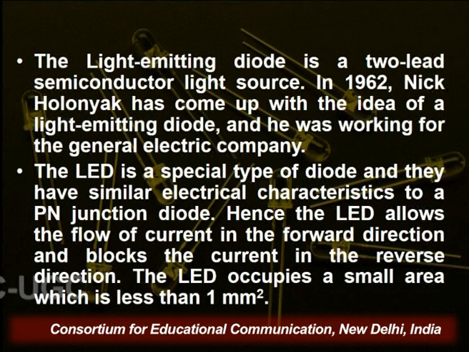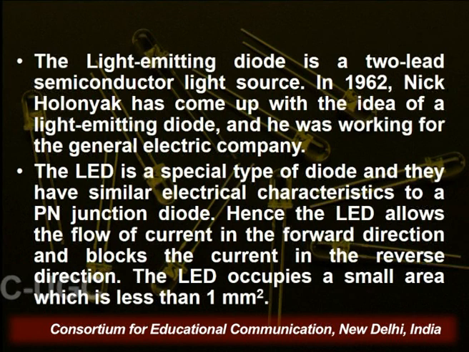The light emitting diode is a two lead semiconductor light source. Why is it two lead? Because we are having a PN junction here. In 1962, Nick Holonyak, working for the General Electric company, came up with the idea of the light emitting diode. He explained that the light emitting diode is a special type of diode, and it has electrical characteristics similar to the PN junction diode.